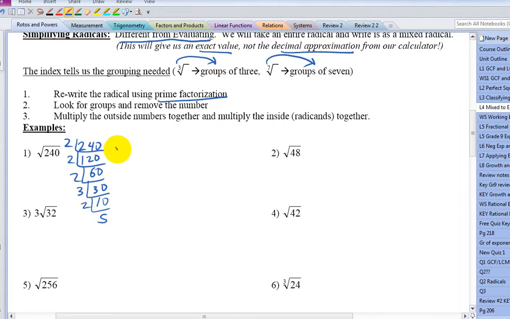Now what I want you to do is rewrite this. 240 equals, and you want to put them all together, but keep all the 2's together and the 3's together. Okay? So we have 4 2's, we have 1 3, and 1 5. Okay. So step 1 is done.